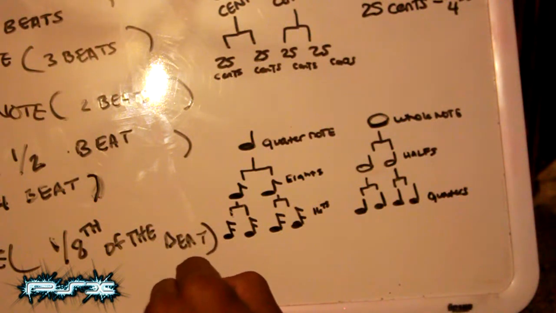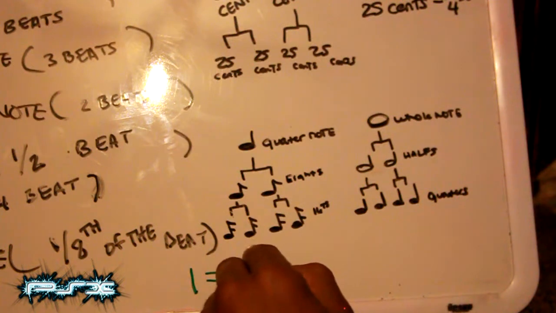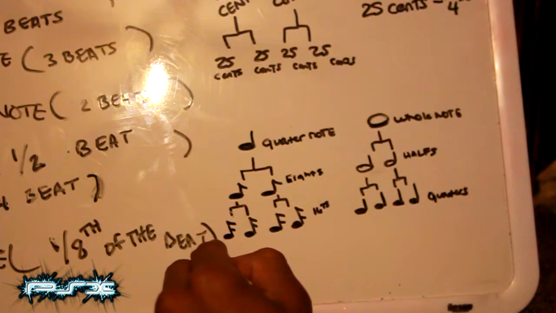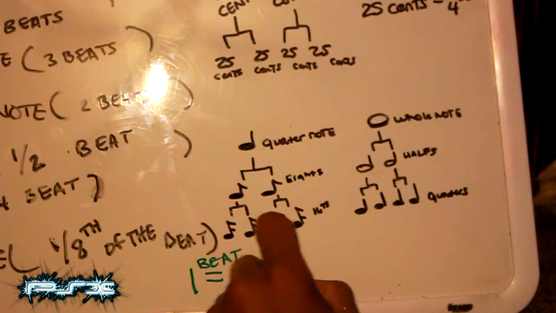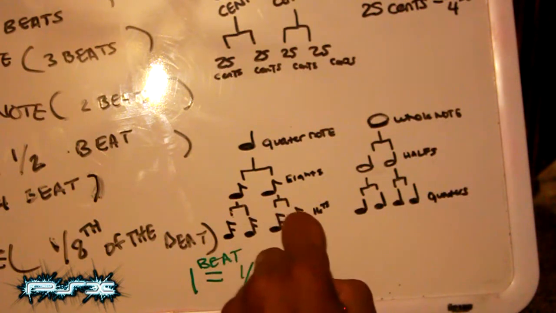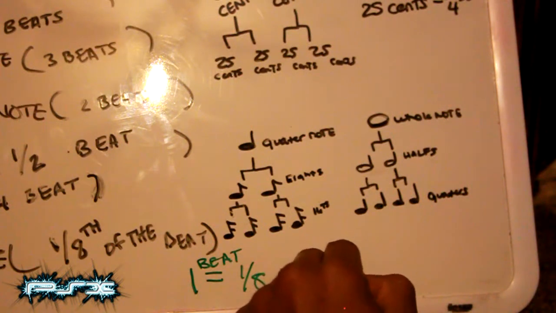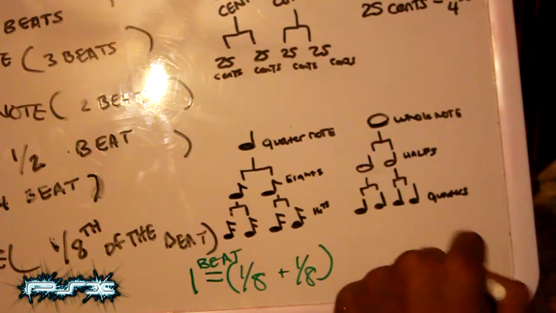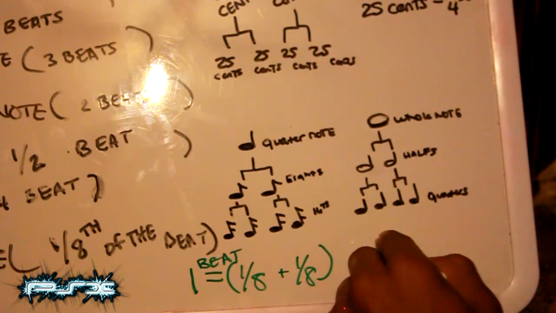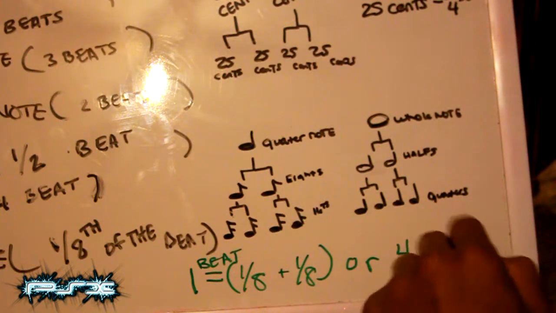When you have fractions, you're pretty much saying this: 1 beat equals 2/8, or 4/16.